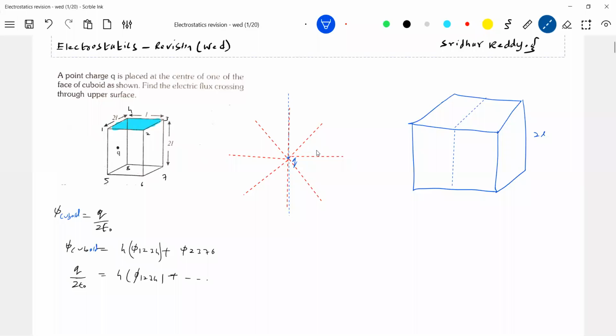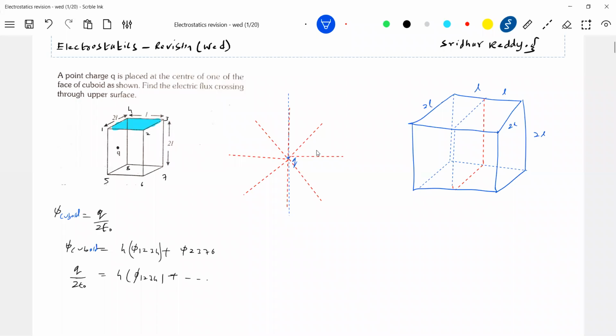I think, yeah, this can be done. This will be L. This will be 2L.